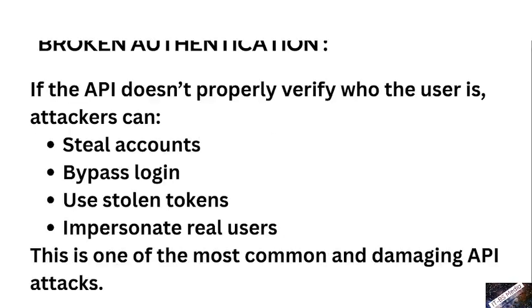So we move on. Another weak point is broken authentication. If the API doesn't properly verify who the user is, then attackers can steal accounts, bypass logins, use stolen tokens, and impersonate real users. This is one of the most common and damaging API attacks.